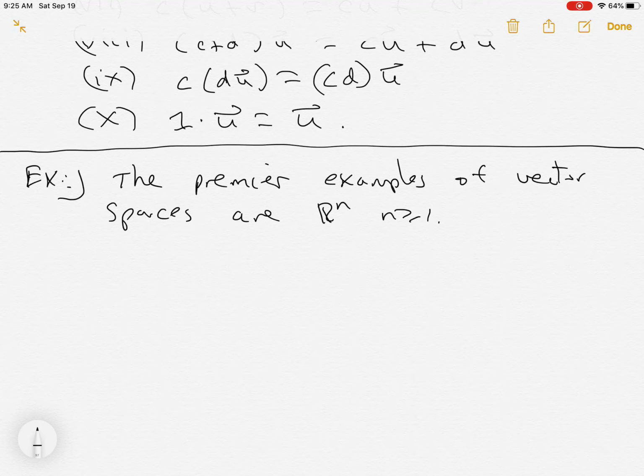And this is my favorite example of a vector space, which we'll work with eventually.